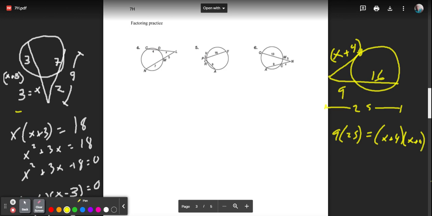So here's what happens. We end up with 9 times 25, which is 225, equals x plus 4 times x plus 4. When we FOIL that out, we end up with x squared plus 8x plus 16.